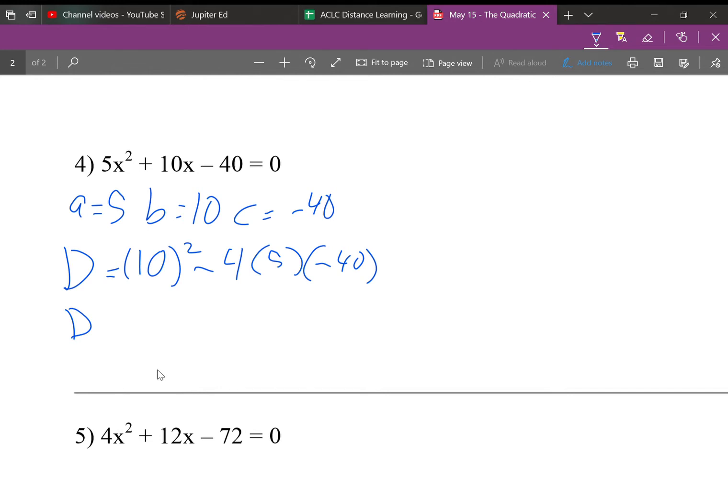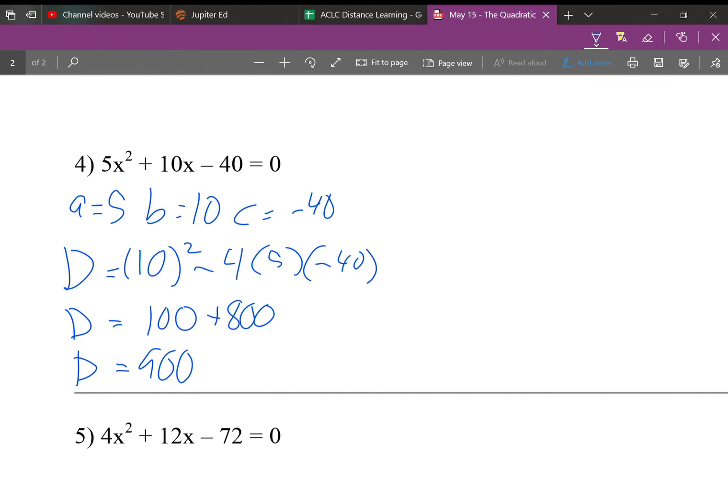Now, 10 squared is 100. 4 times 5 is 20. 20 times 40 is 800. And that ends up being, I'm sorry, this is positive though, positive 800 because negatives cancel. 100 plus 800 is 900.